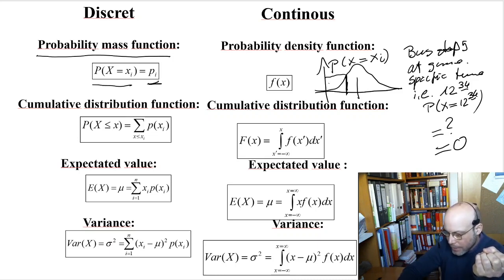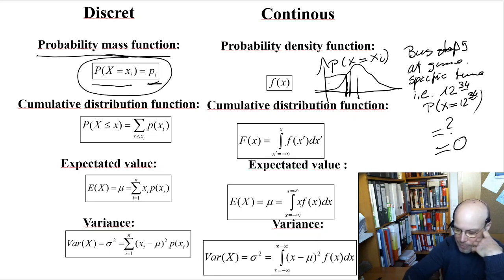You can only interpret probabilities in some interval here. So this can then be interpreted as a probability, and therefore then we have these cumulative distribution functions.